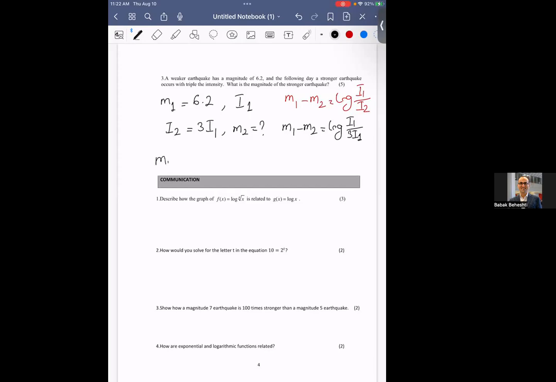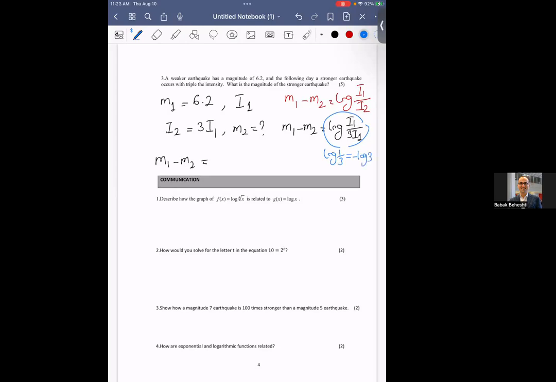So that means M1 minus M2. What is log of I1 over 3 times I1? It's just log of 1 over 3, right? But log of 1 over 3 is minus log 3.